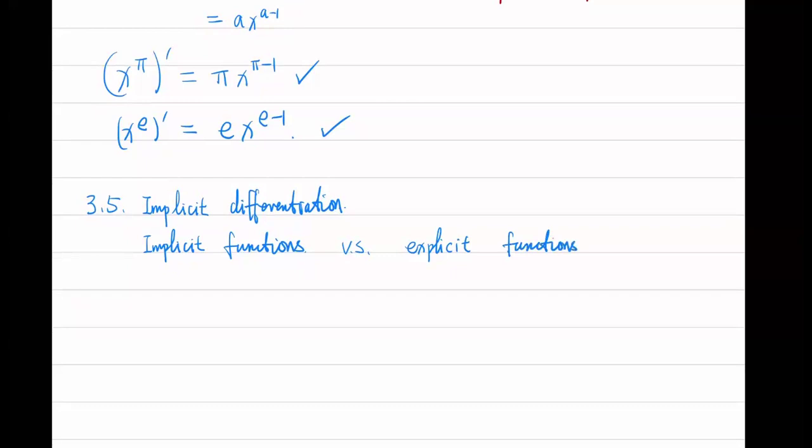So to understand what is the implicit function, let's compare it with explicit function. That's the function we deal with every day. We deal with it so often, we often omit this term. We just say functions. Y equals x squared. Y equals ax.